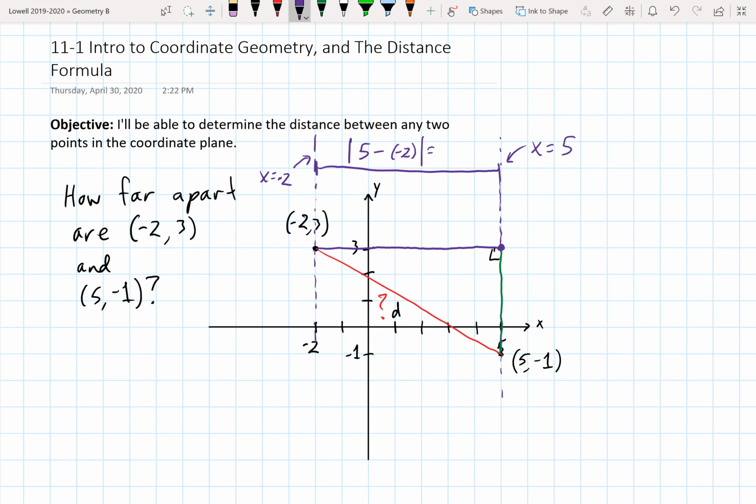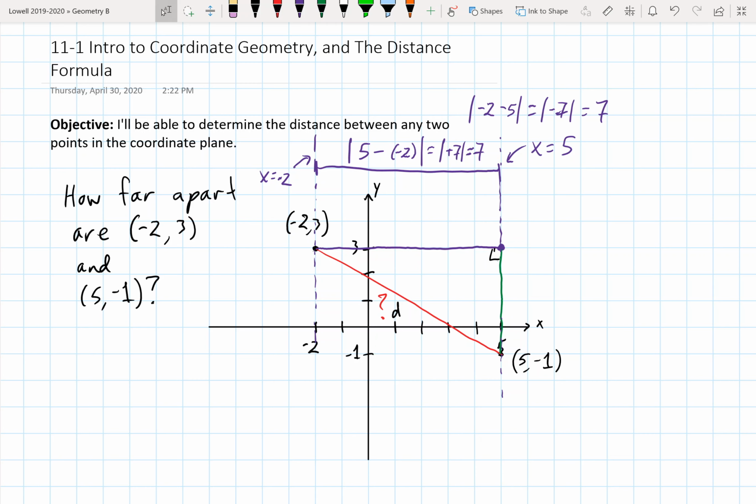And that would be the absolute value of 7, which is just 7. Now, it actually doesn't matter which way you do the subtraction because you're taking the absolute value. So if instead I wanted to do the absolute value of -2 minus 5, I now have the absolute value of -7, which again is just 7.